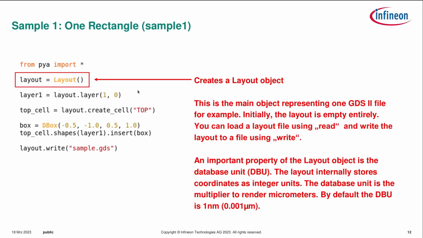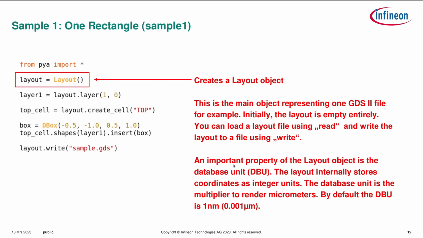So first thing that happens, apart from the import, is we create a layout object. A layout object is essentially representing a GDS file. You can load a GDS file into a layout object, but you can also write a layout object to a GDS file. Initially, the layout object is empty.